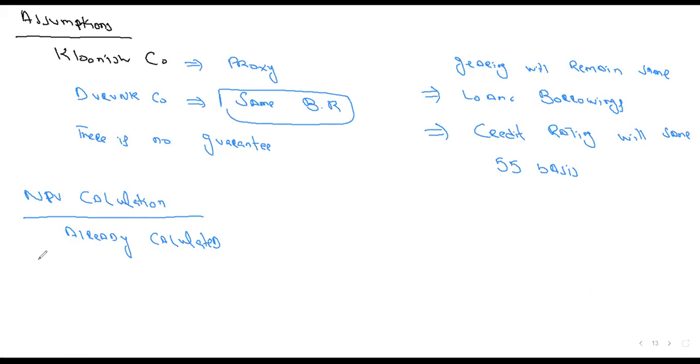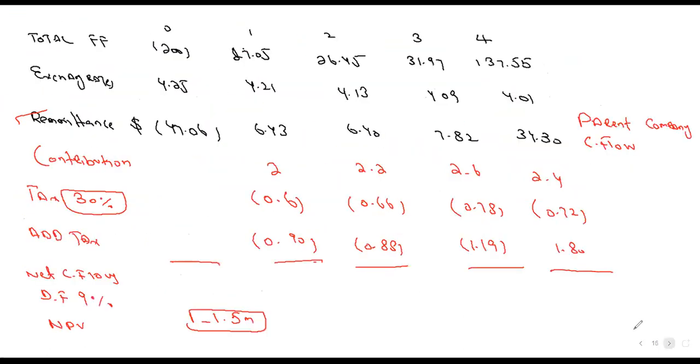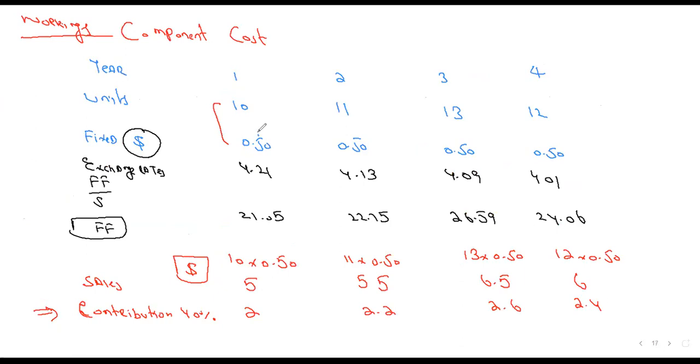And in this calculation, the examiner has a fixed price. You know that the fixed price was 0.50. This fixed price is being charged by the D company to the new business unit.